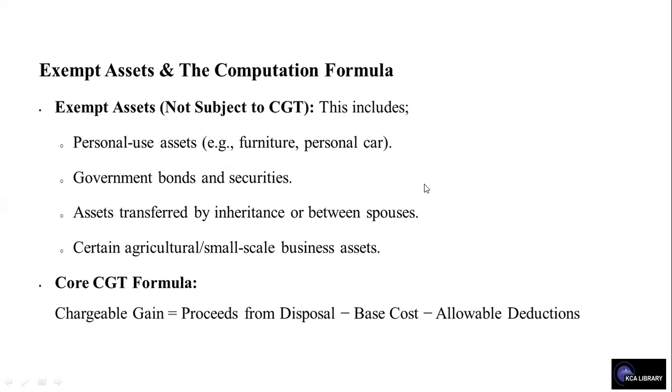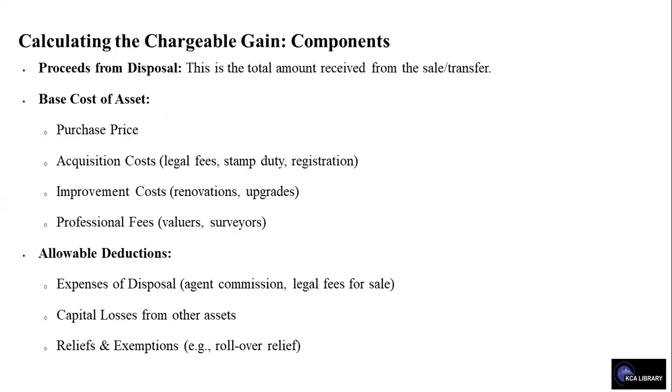And to calculate this, it's the proceeds from disposal minus the base cost minus allowable deductions.